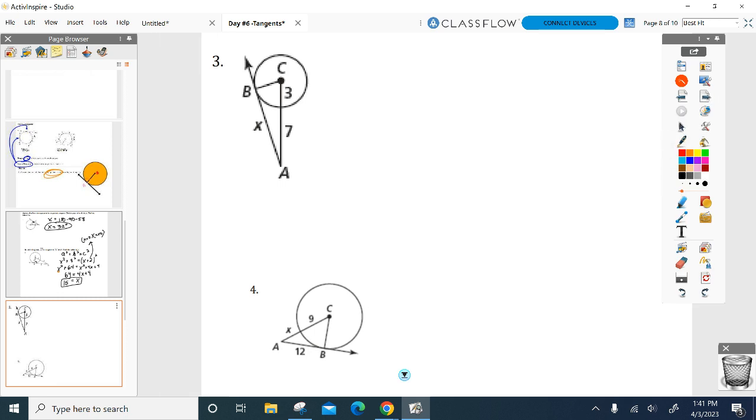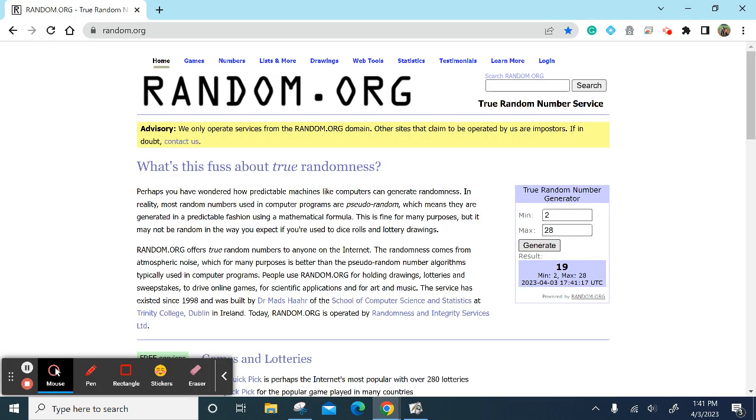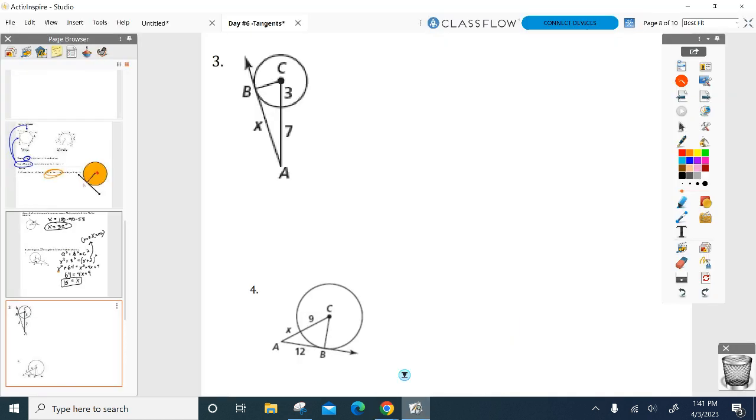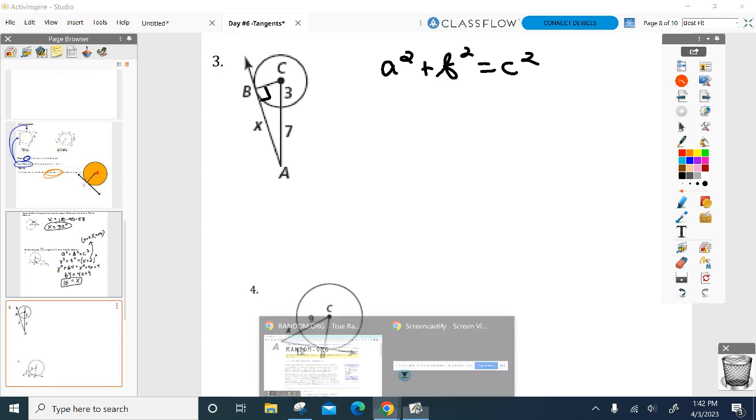Okay, look at number 3. What are you putting on your diagram? Right angle. Where? CBA. Yep, thank you. You're pretty confident one leg length is what?